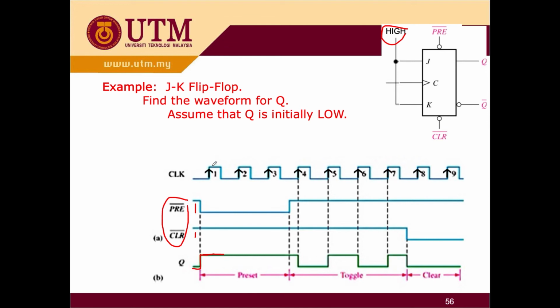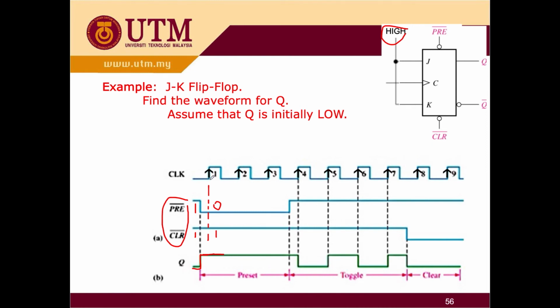But throughout over here, you can see your clock also. Your clock, your pre over here, you have 0, 1. What is next important is the value of your clock, as mentioned.